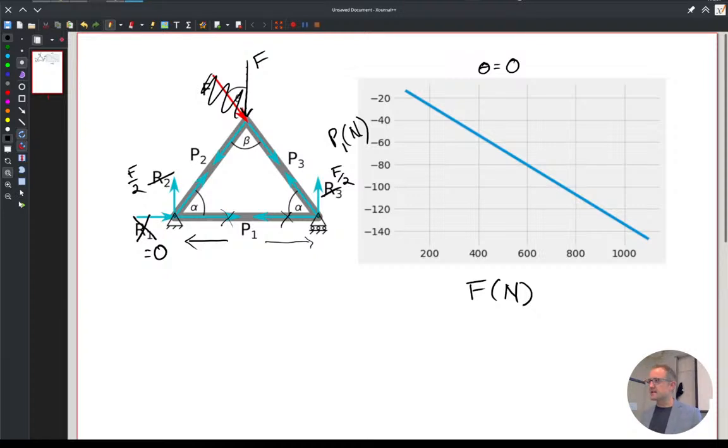It seems to make sense, because P1 is only holding the thing, keeping it from collapsing down. So there's not a lot of internal force needed for that triangle. That's why we use triangles for bridges and trusses and all sorts of stuff, because you don't need a lot of cross member tension to hold stuff up.